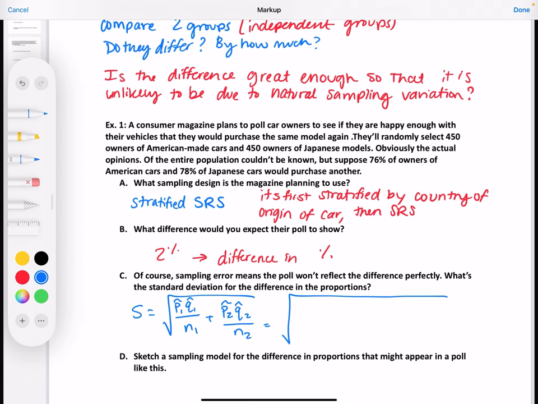So this is 0.76 times 0.24 divided by 450, and I guess they're both 450, plus 0.78 times 0.22 divided by 450. And that comes out to be 0.028.